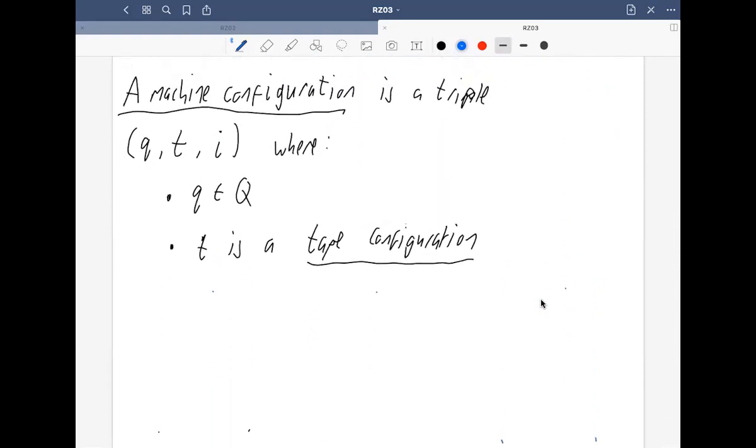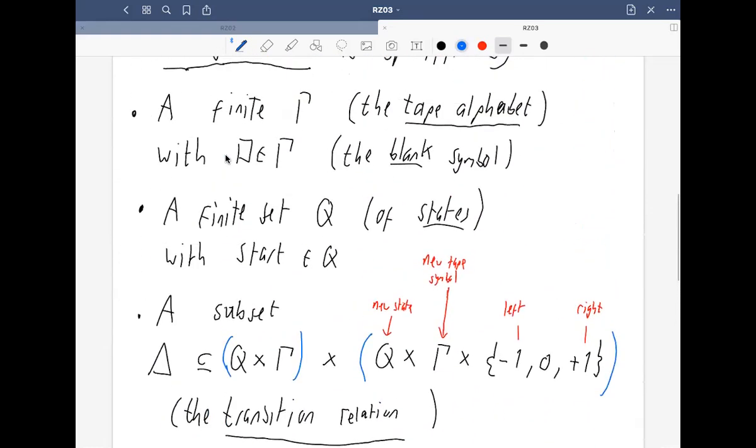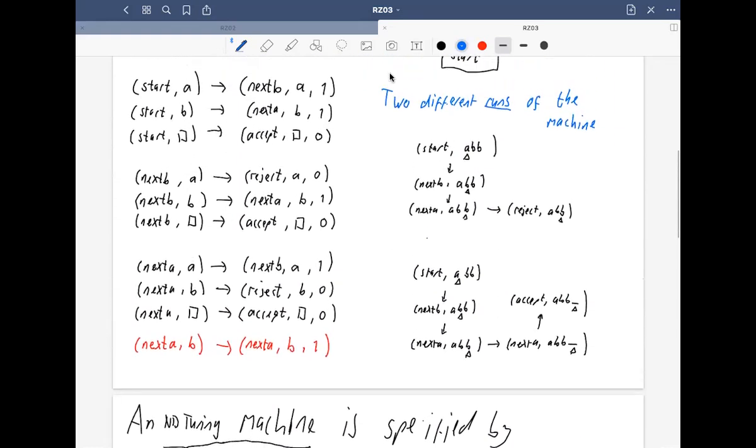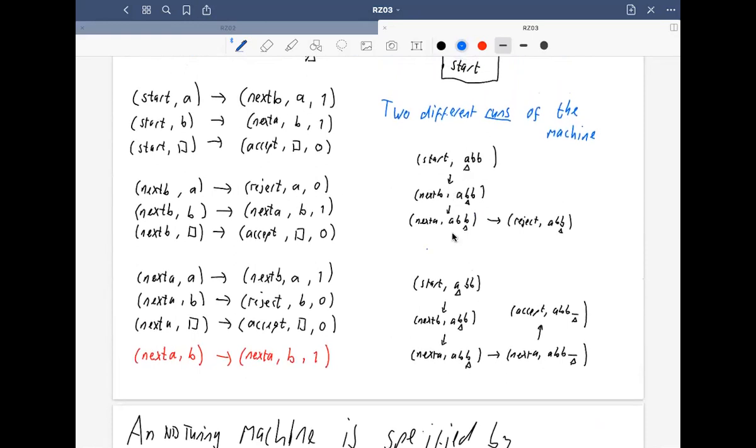And again, a machine configuration is just as before, a triple. So when we run the machine, I was writing our configurations here. This was a run of the machine. We go from the start configuration, make a step to the next configuration, then another step to the next configuration, and so on.